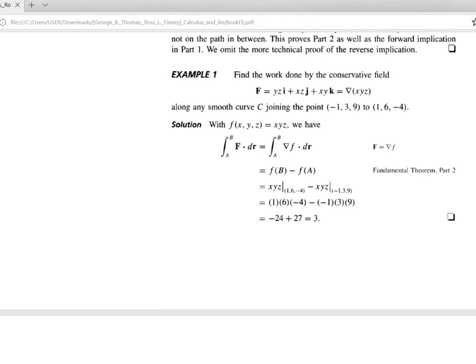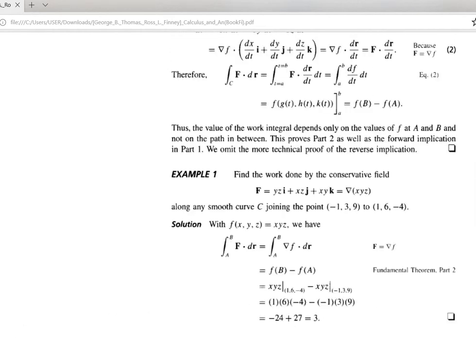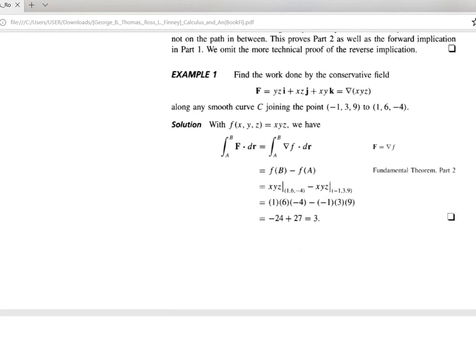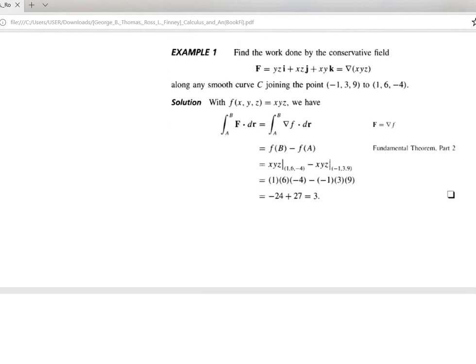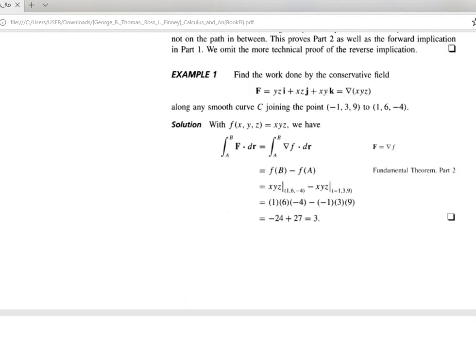What is f here? How will you find this f? From the textbook, they have got that this is equal to xyz. We are going to discuss it later.